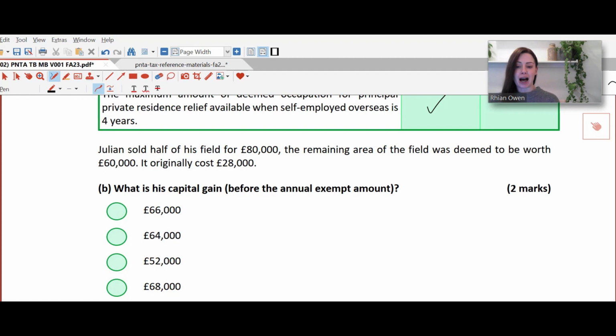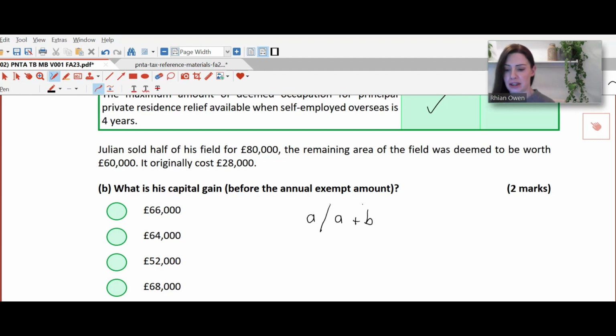This is the part disposal calculation, so you need to remember the formula. If you remember, it is A over A plus B. So A is the proceeds, as Julian sold half of his field for £80,000.